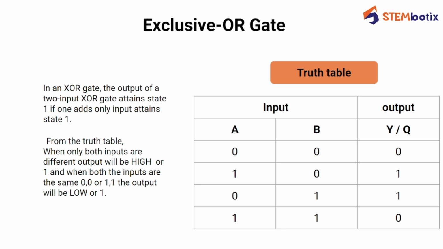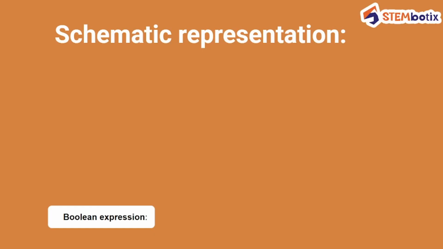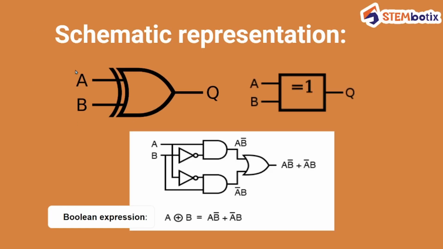If any of them is non-zero, then you will get output as non-zero, or you can say state 1. So this is how the schematic representation is done for the XOR gate.